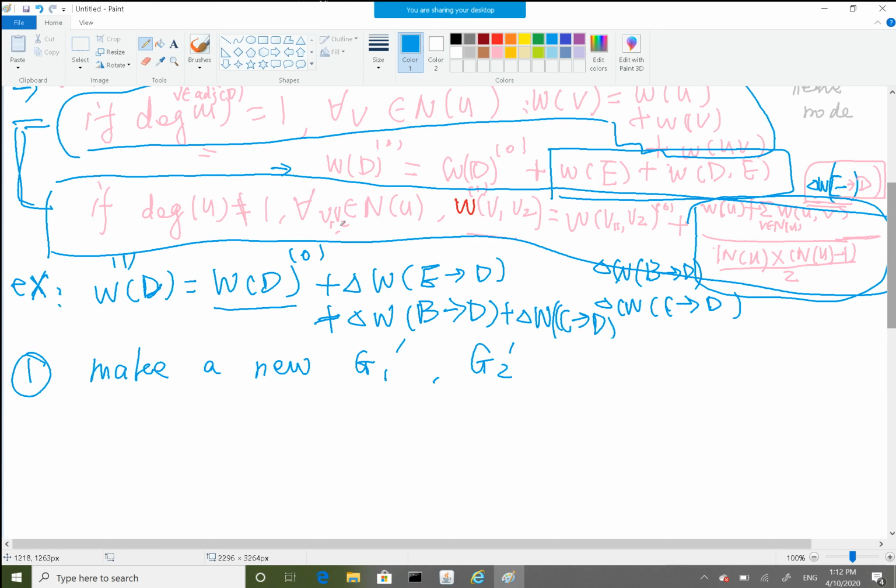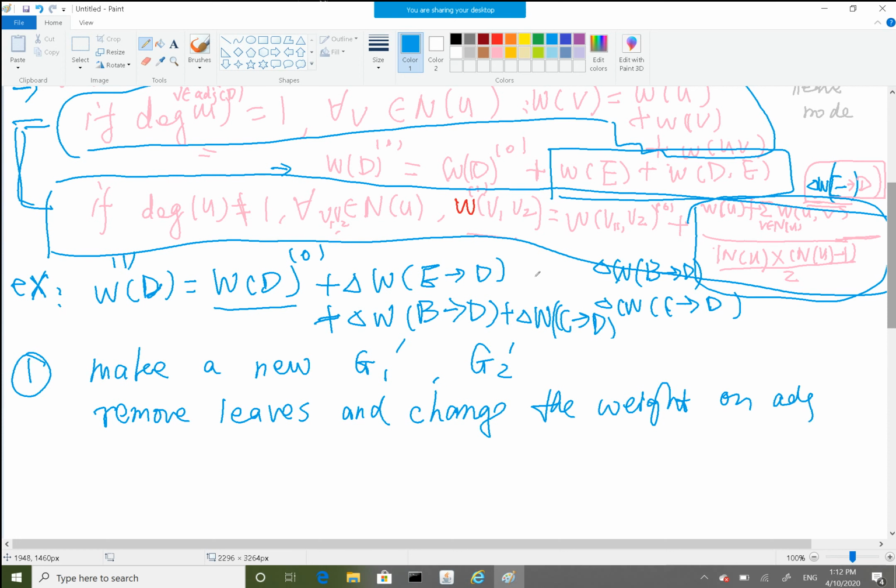And then you remove all the leaves, and at the same time change the weight on the adjacent nodes of leaves.